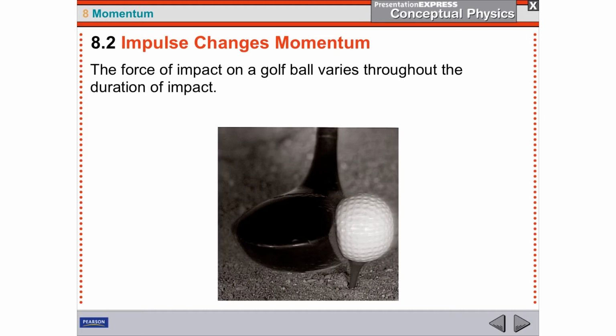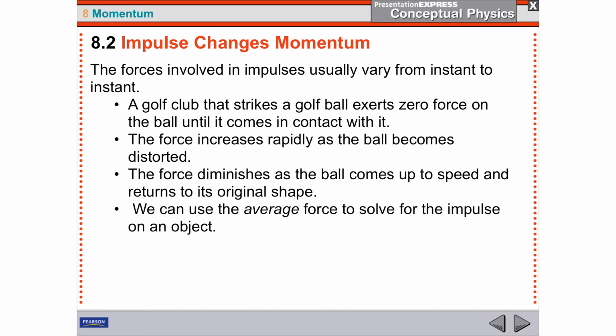So here's to review. The force of impact on a golf ball varies through the duration of the impact. At the beginning, before you actually touch the ball with the golf club, you don't have any force at all because it's not touching. Then at the very beginning, as that ball collapses and it's not round anymore, you're exerting a tremendous force on that ball, and so it's going to accelerate very, very fast.